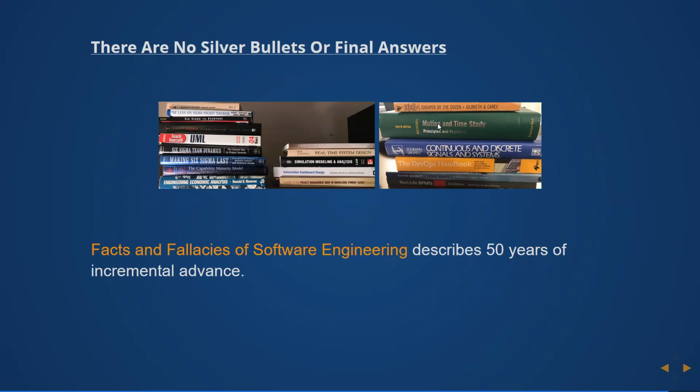I want to recommend a book to you. I don't know if it can be found in hard copy that easily anymore, but what it talks about is that the same thing has been going on in computing for now it's really 70 years. The book's kind of old.